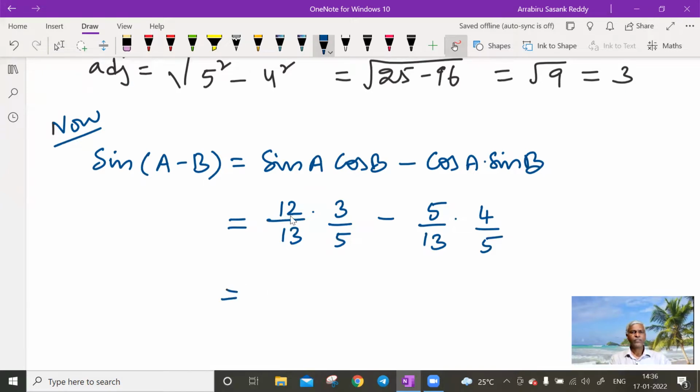Multiplying, 12 into 3 is 36, 13 into 5 is 65, 5 into 4 is 20, 13 into 5 is 65.